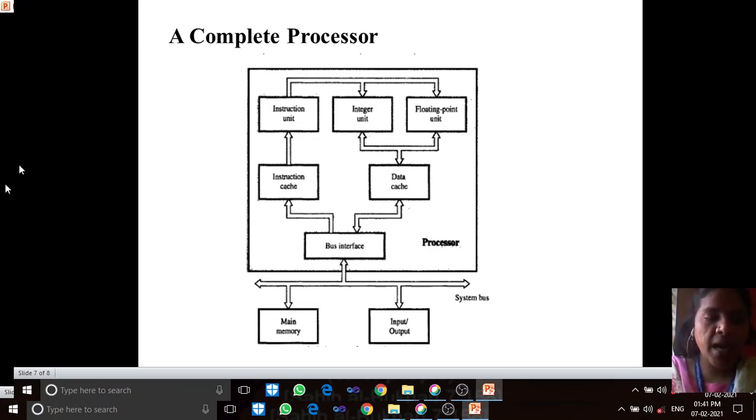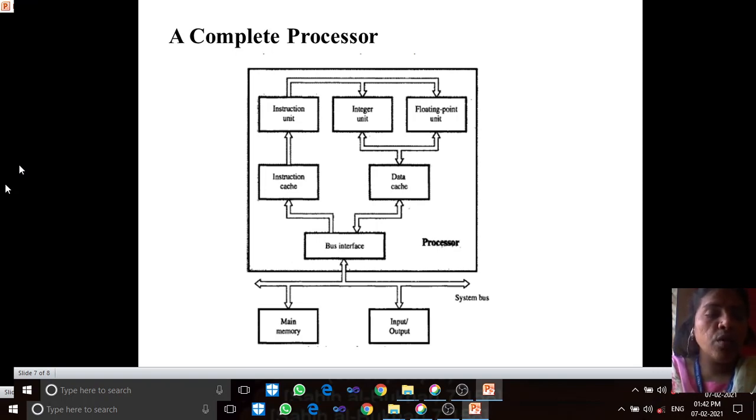Using separate caches for instructions and data is common practice in today's processors. The processor may include several units of each type to increase the potential for concurrent operations. So there is a separate integer unit and floating point unit in order to increase concurrency.